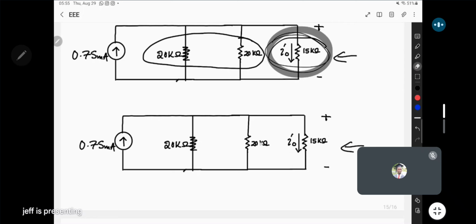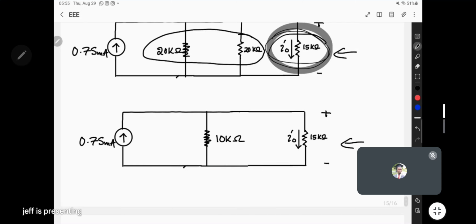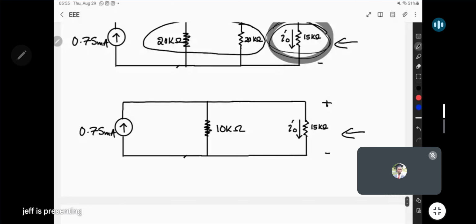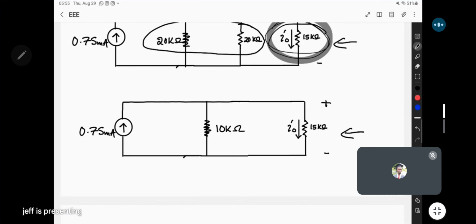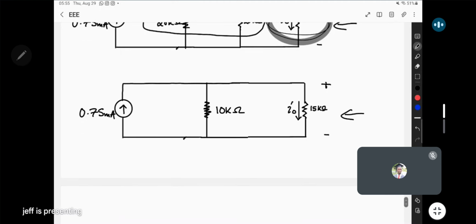Meaning that these two will reduce to just half of 1, which is 10. And there we have it, our finalized circuit after doing as many source transformations as possible. See, at this point, getting I0 becomes straightforward.